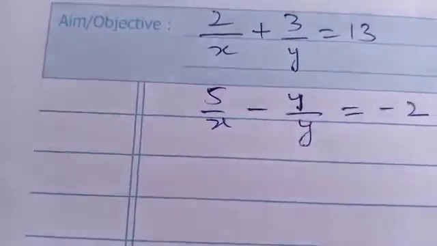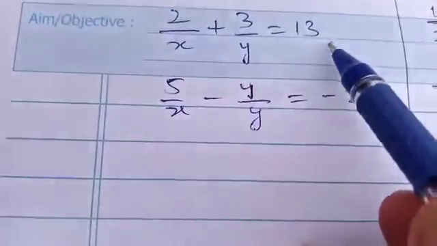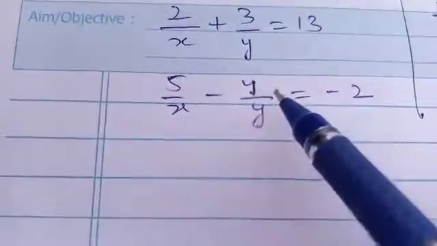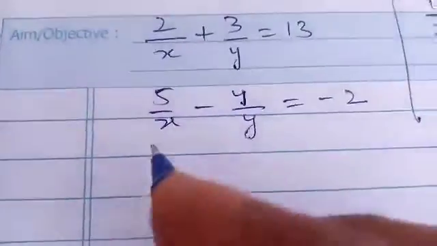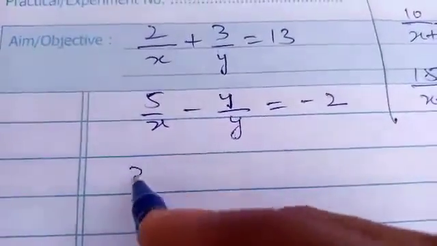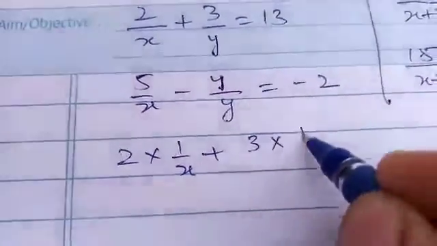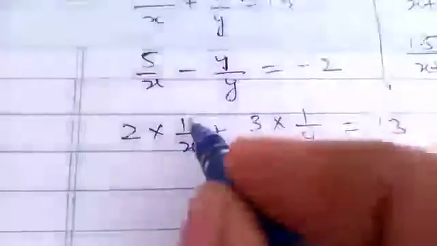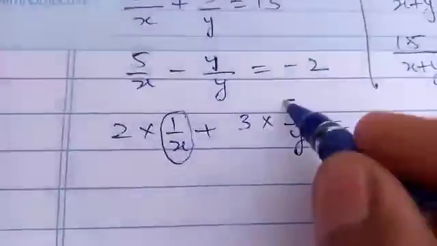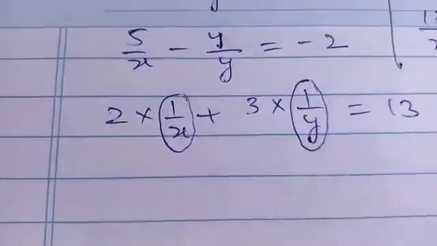Now if the question is given in the form 2 upon x plus 3 upon y equal to 13 and 5 upon x minus 4 upon y equal to minus 2, then we write 2 into 1 upon x plus 3 into 1 upon y equal to 13. In this form, 1 upon x and 1 upon y are not in the simplest form; they are in rational form.